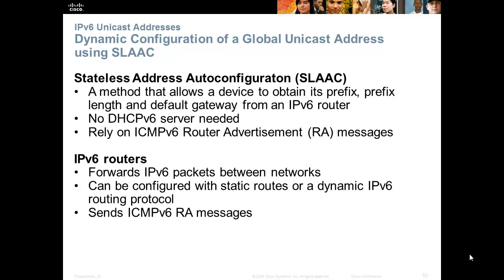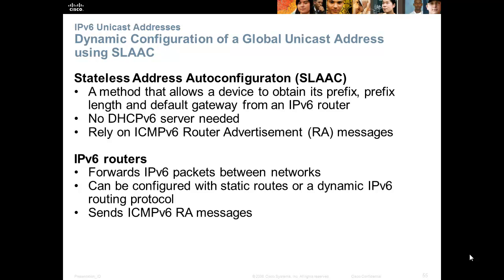So all portions of the IP address can be obtained automatically. With this, no DHCP version 6 server is needed. This relies on what's known as ICMP version 6 router advertisement messages. It's our IPv6 routers that perform SLAAC for us through our router advertisements and our router solicitation messages.